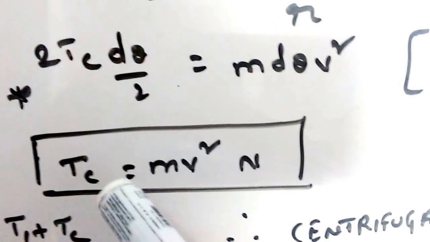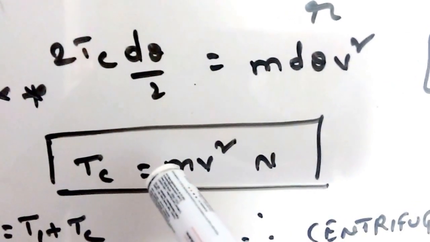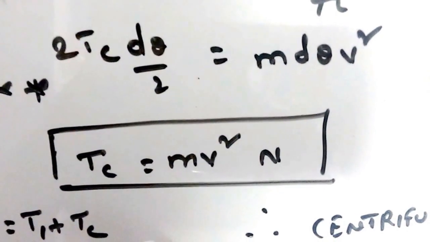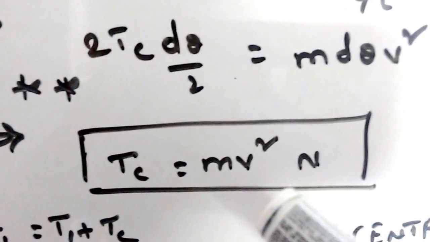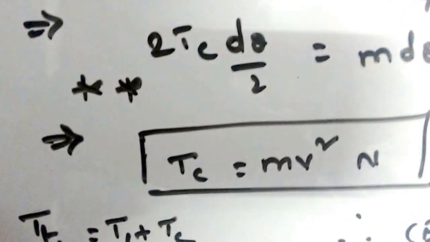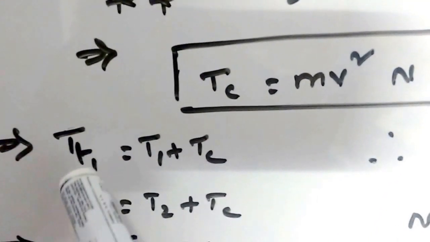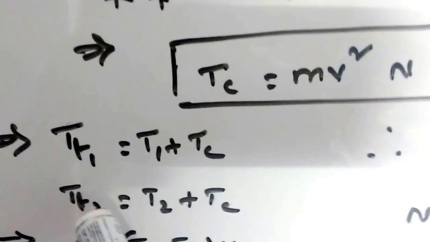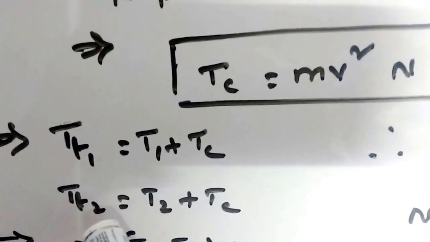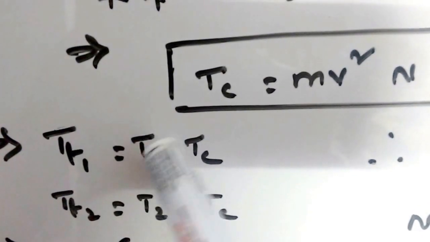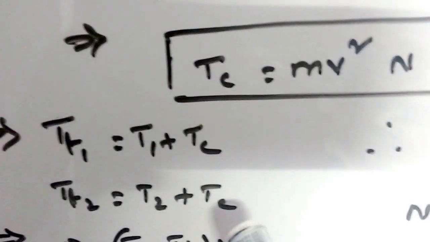Because of this centrifugal tension developed in the belt, the tensions on the tight side and the slack side increase. Let us consider Tt1 to be the total tension on the tight side, and Tt2 the total tension on the slack side. That is equal to T1 plus Tc and T2 plus Tc.